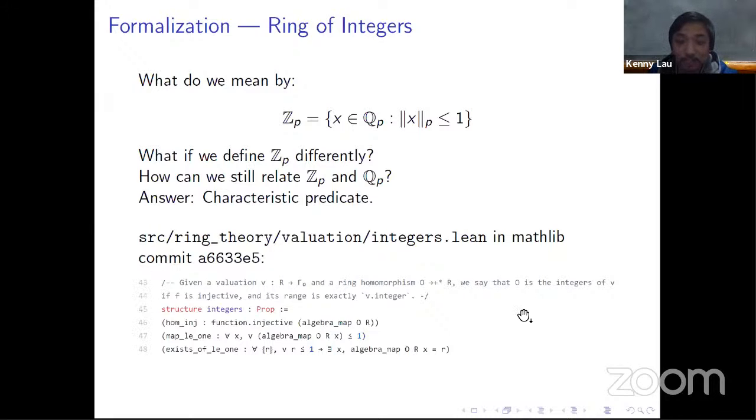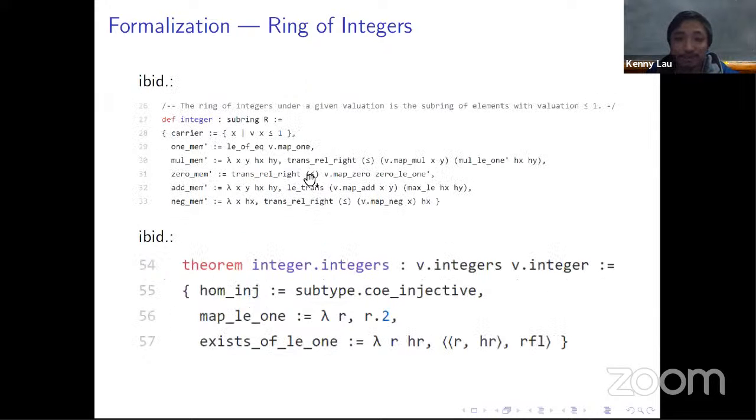And this is not enough for the theory of characteristic predicates to work. We also want to prove that this canonical construction of just taking the subtype somehow gives us a ring of integers.